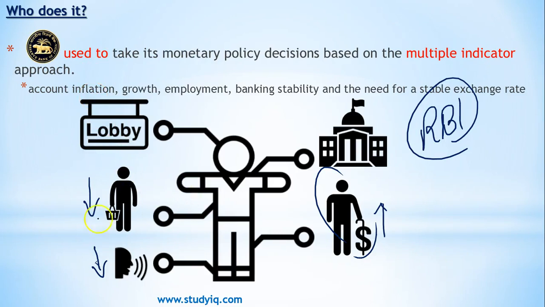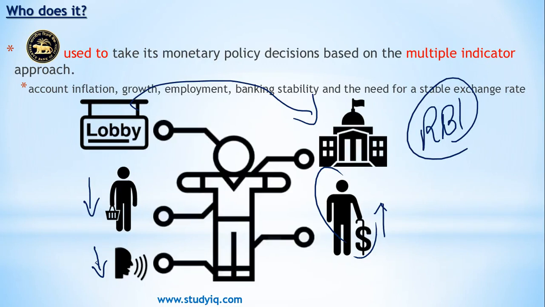And then you have businessmen who are looking for cheap loans. When I say cheap, I mean a bit cheaper than what they are at present. So they will go to the government and complain, or persuade, or lobby the government to do something about it, and to somehow persuade the RBI to reduce the interest rate. So this was the thing that used to take place in our country, and RBI was under too much pressure.